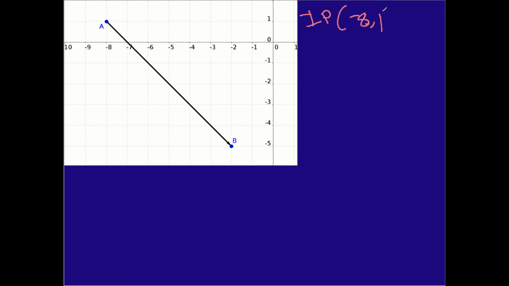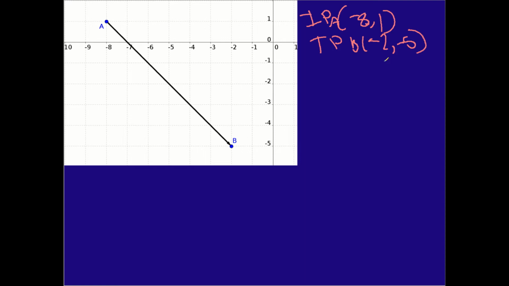The terminal point is going to be at, let's see here, (-2, -5), yes. So that's going to be our B. This is our A, actually. So this is our B, and it's going to be (-2, -5), like so. And so we need to find the magnitude and the direction.